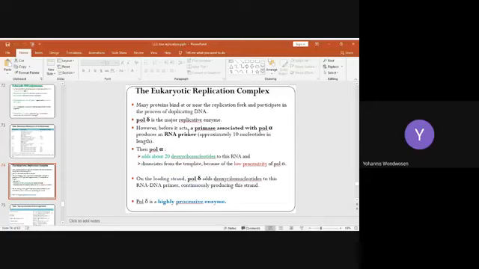It can be used to synthesize the RNA primer to provide a 3' OH group for the growing DNA strand. And polymerase alpha is a major polymerizing enzyme with DNA polymerase 3 activity. It adds about 20 deoxyribonucleotides to this RNA, and it can dissociate from the template.